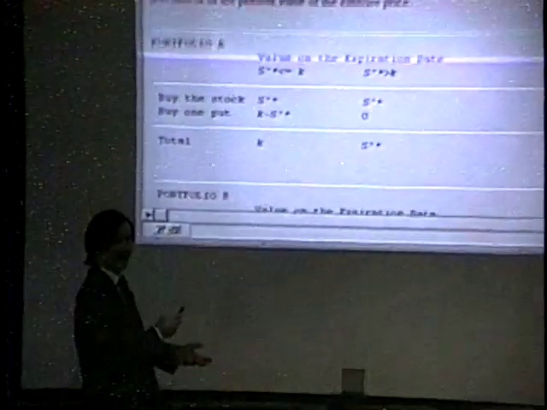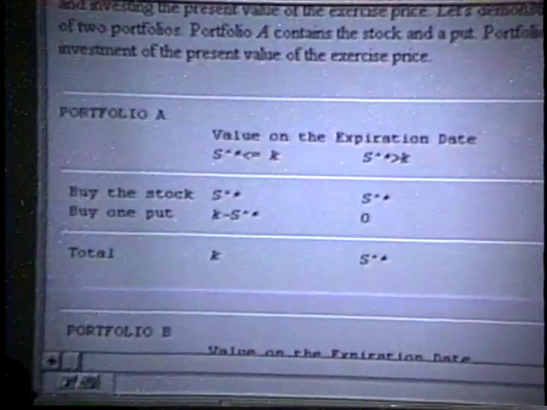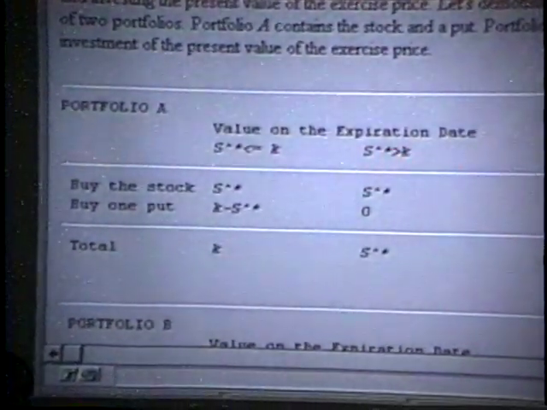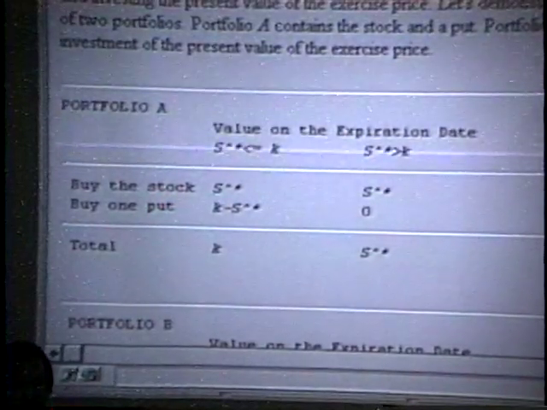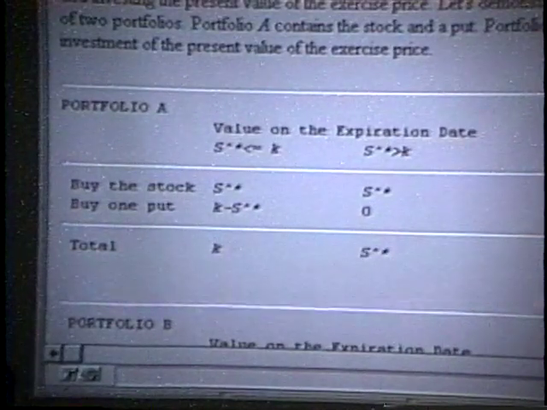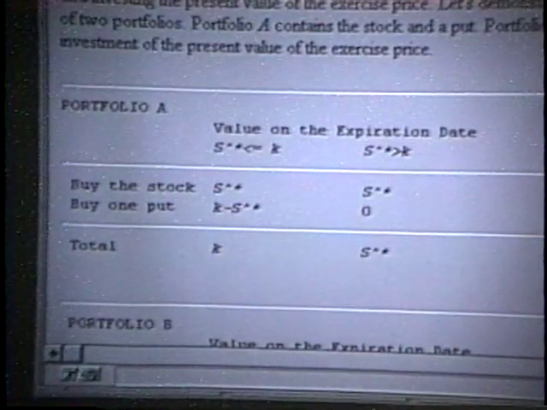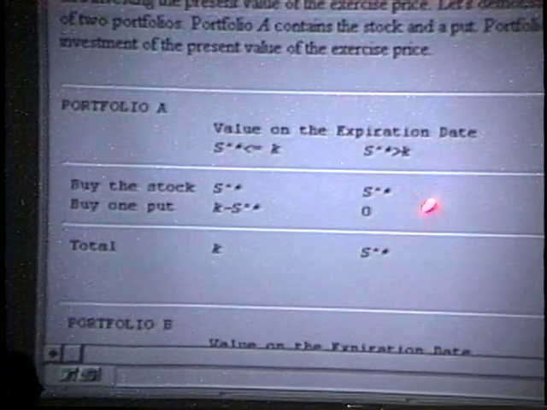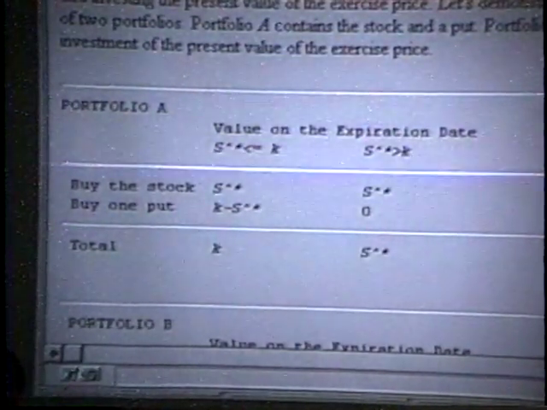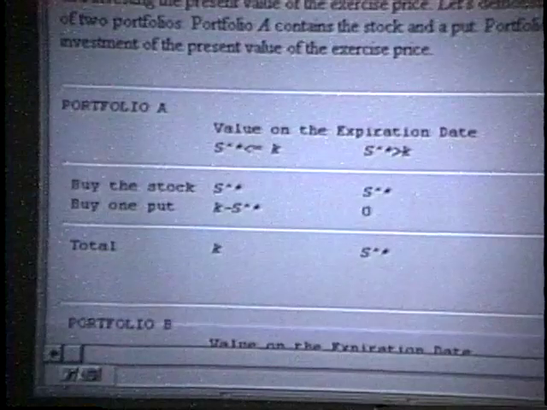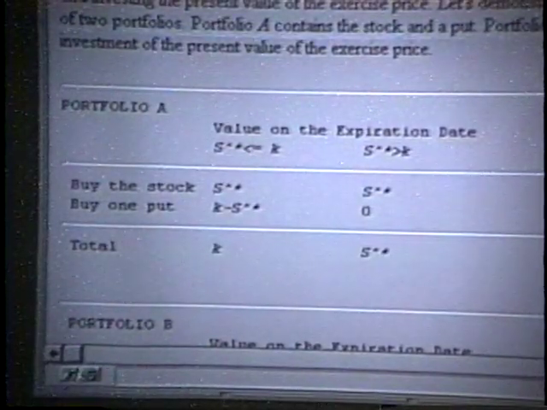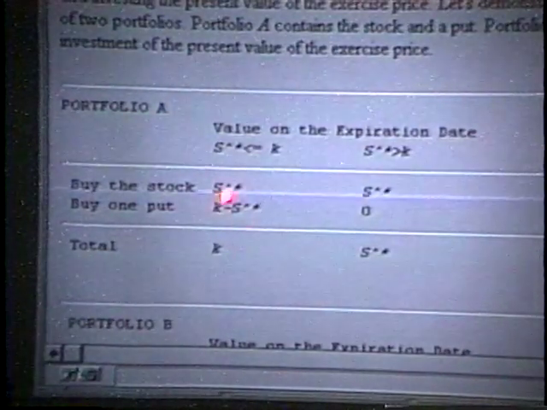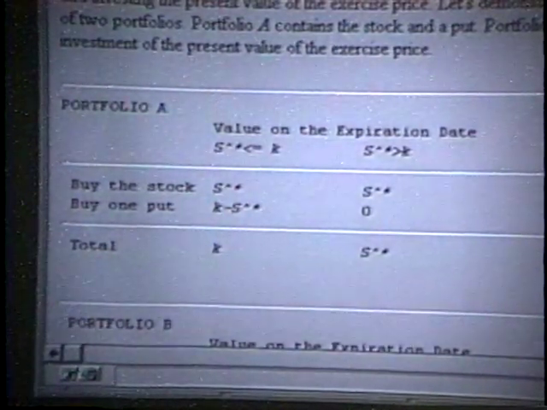S star is less than or equal to K, which means the final stock price is below the exercise price, or S star is above K. If I buy the stock, I just get S star, whatever it is, $50, $150. If I buy a put, and if the stock price exceeds the exercise price, then the put is worth 0. If the stock price is below the exercise price, then the payoff is K minus S star.